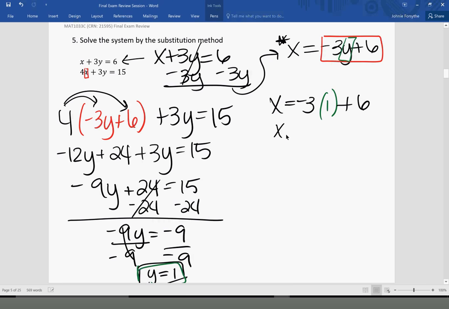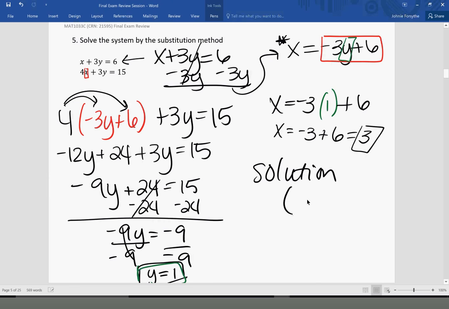So negative 3 times 1 is negative 3 plus 6. Negative 3 plus 6 is positive 3. So that's the other half of your solution. So the solution is a point, and that point is (x, y), which would be (3, 1). So that is the point where these two lines intersect if you were to graph them.